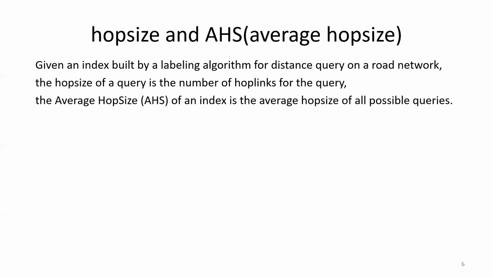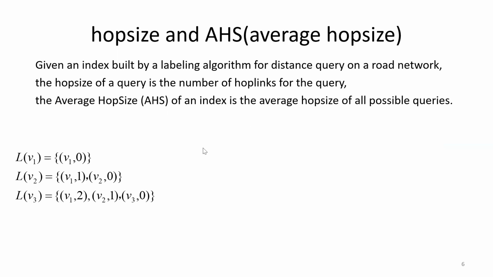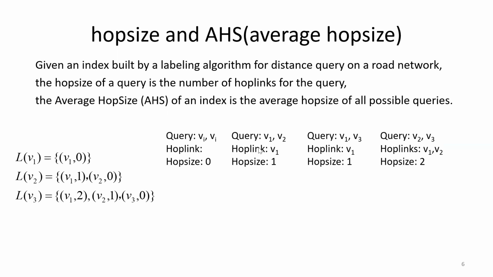We define a concept, average hop size, which is the average hop size of all possible queries. See this two-hop index. We list all possible queries and their hop sizes.